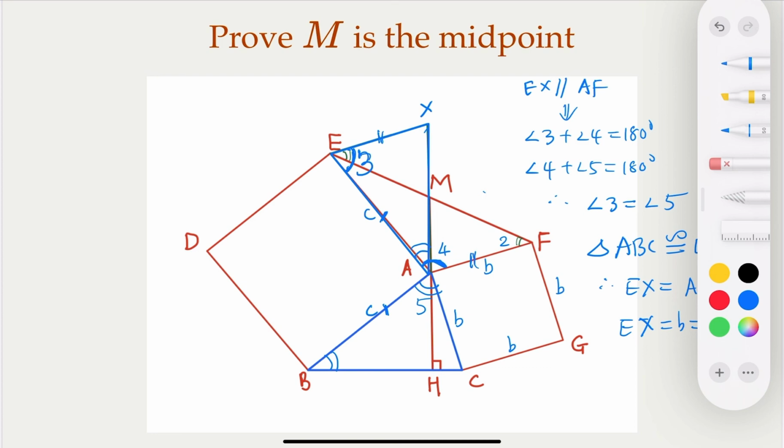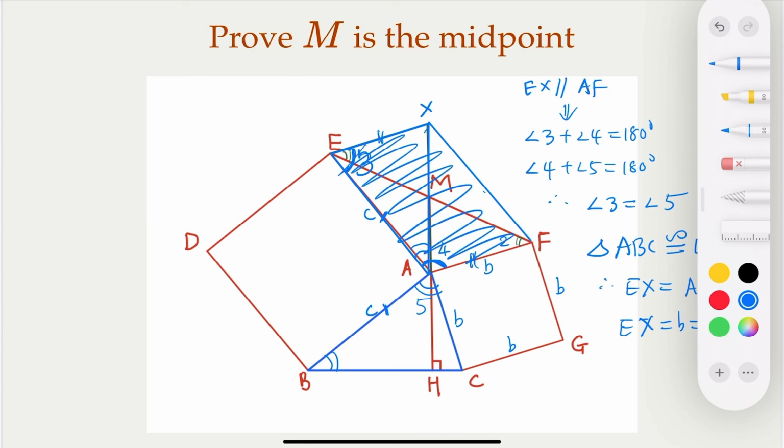Somehow I couldn't connect the line here. Okay, so when we look at this shape here, this is the midpoint, because the intersection point is going to be the midpoint. So EM equals MF, right? It's because we have this parallel line and the sides equal to each other.